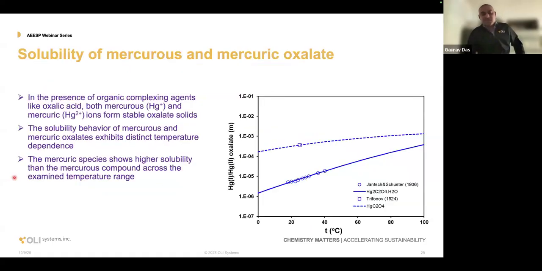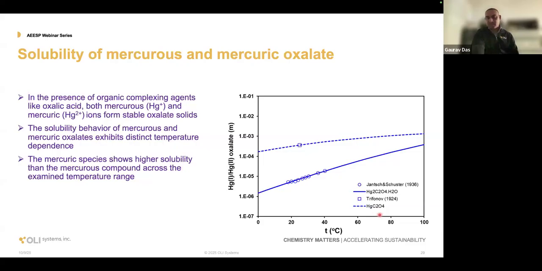Also, there is an interesting phenomenon when some organic complexant is present, such as oxalate. So mercury can interact with and form solid phases which have different oxidation states. For example, the interactions of mercury with oxalic acid. Mercury can precipitate in the form of mercurous oxalate, which is a dihydrate, which shows the lower solubility.